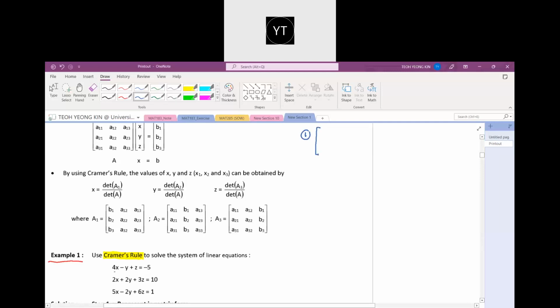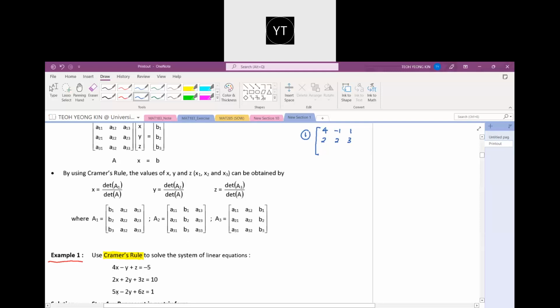First row of the matrix: 4, -1, 1. Second row: 2, 2, and 3.